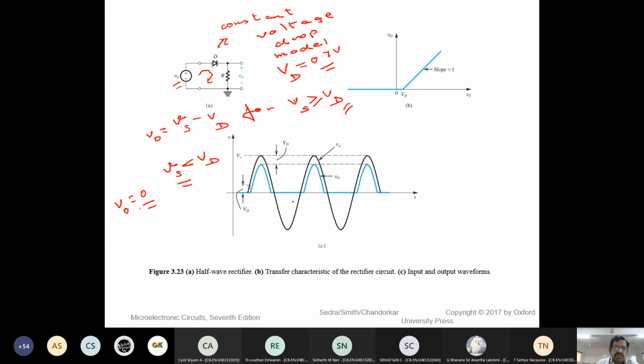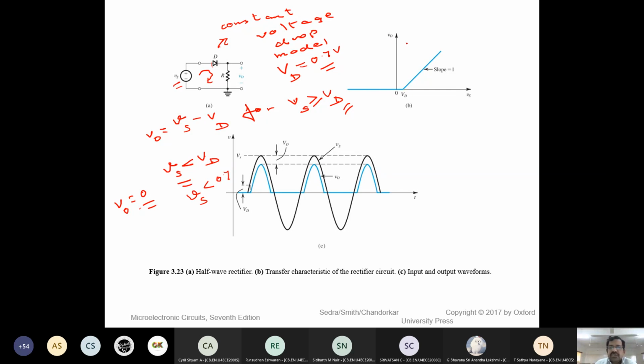So what it means is, to draw this, you have to understand clearly, we need a minimum of 0.7 to hit. For all voltages below 0.7, the diode does not conduct. First let us look at the transfer characteristic, which we are familiar with.